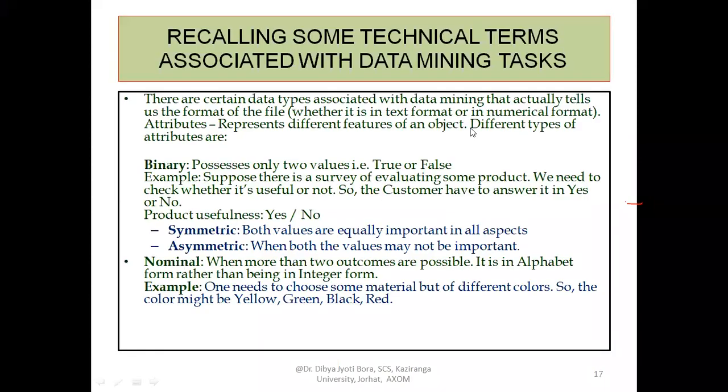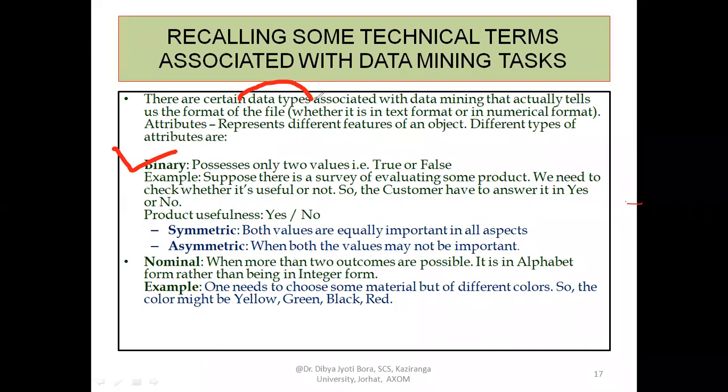Now, coming to the next topic, that is some technical terms that we frequently encounter while we are dealing with some data mining algorithms. These terms are very important, so I request all of you kindly concentrate on these terms. First of all, you already got to know what is data type, right?